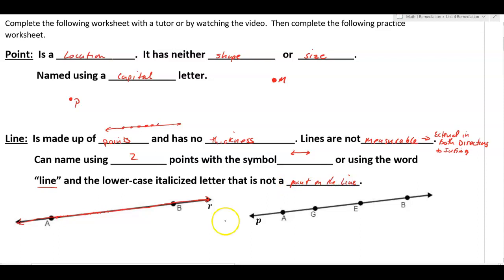So when I look at the 2 lines I have here, if I wanted to name this first line, since this is not a point on the line, that is the name of the line, we could name this line R. But I could also use 2 points on the line. So I can say line AB, or I could reverse the order, line BA. Several different ways to name this line.